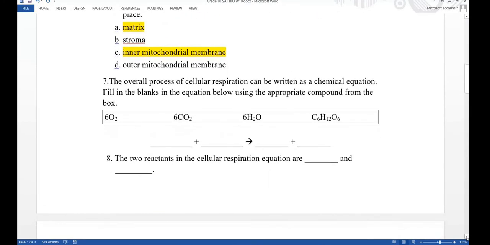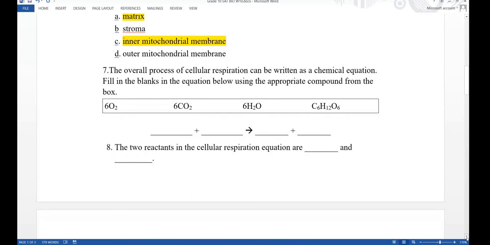Fill in the blanks in the equation below using the appropriate compound from the box. So what is the equation? Glucose. What comes here first? Glucose plus oxygen. Very good.